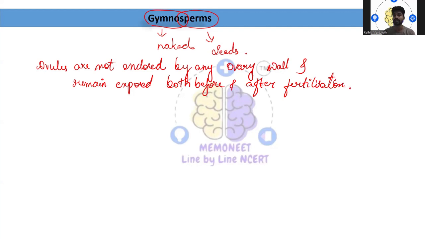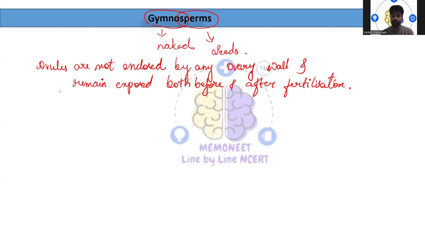So that is called gymnosperms, where you will see the seeds are not enclosed by any ovary wall and remain exposed both before and after fertilization. If you see a normal seed, you will see the hard layer covering the seed, but those things will not be seen in gymnosperms. So this is one point.